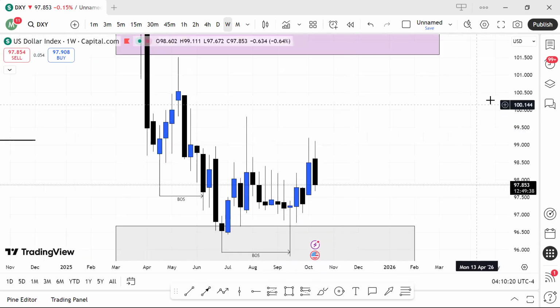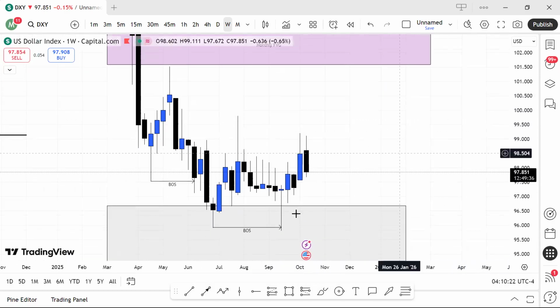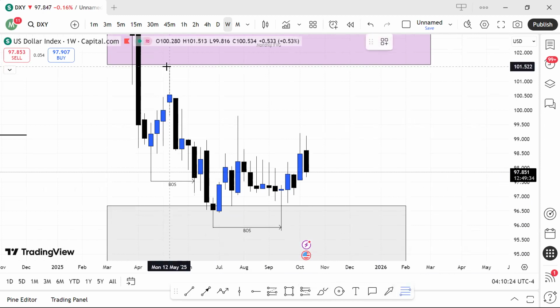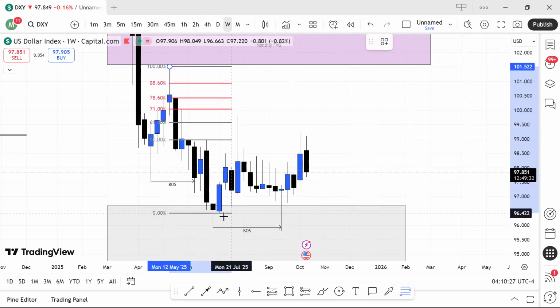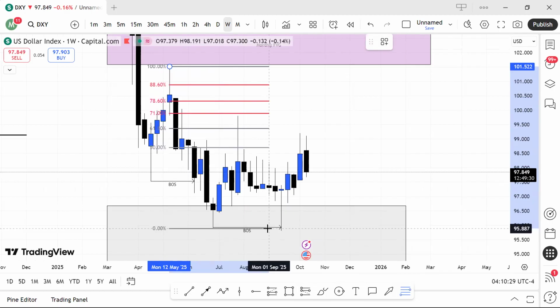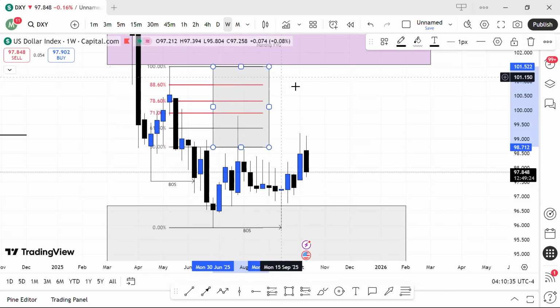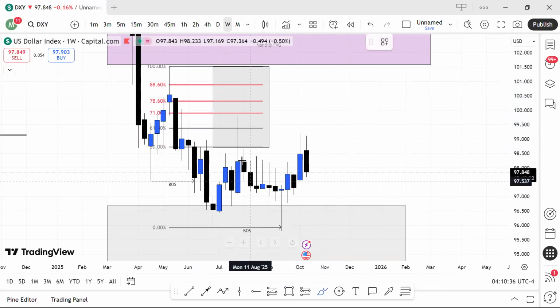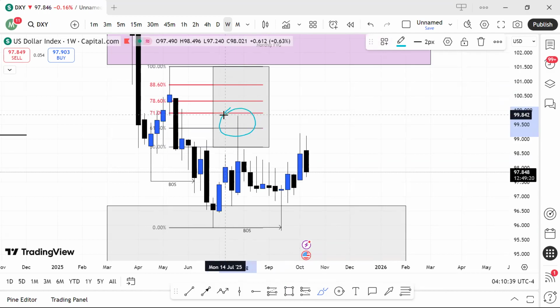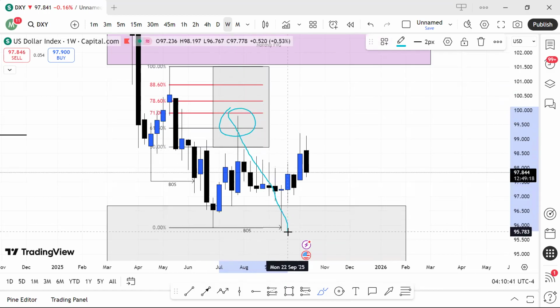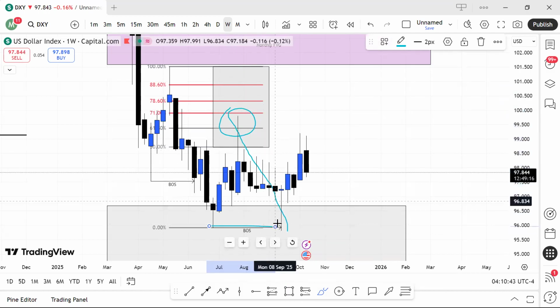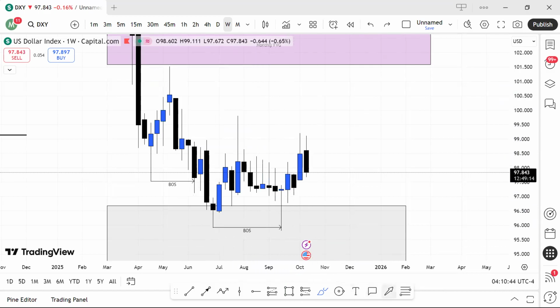So if I measure my trading range, this high with this low here, you can see that the market came within this 50% of the fib level, which is the premium zone. And after respecting these zones, it then dumped down, targeting this previous low here. So this was the previous move.